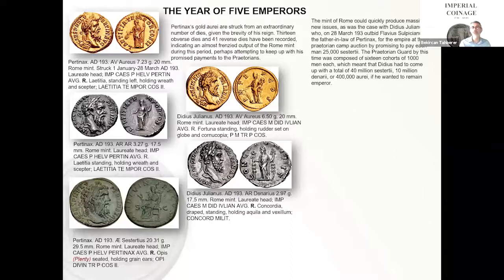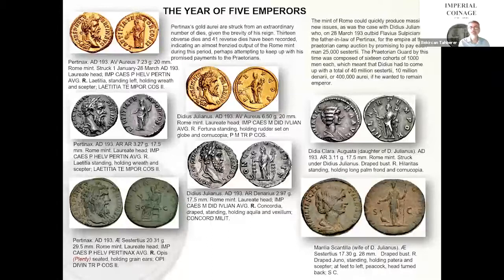The Praetorian Guard by this time was composed of 16 cohorts of 1,000 men each, which meant that Didius had to come up with a total of 40 million sestertii, 10 million denarii, and 400,000 aurei if he wanted to remain emperor. You can imagine his hardships. But even so, in such a short time, he managed to get his wife and his extremely beautiful daughter, Didia Clara, to appear on his coinage.